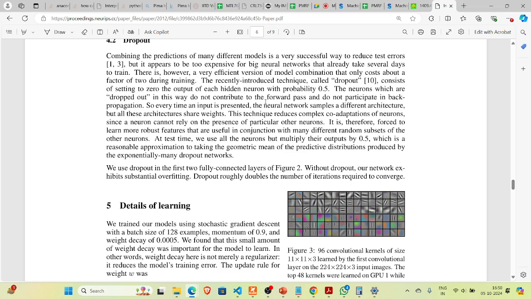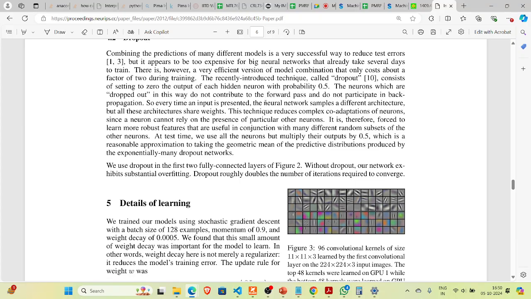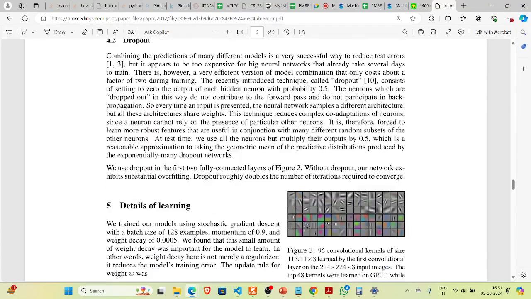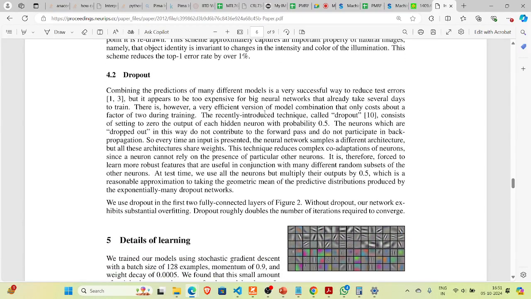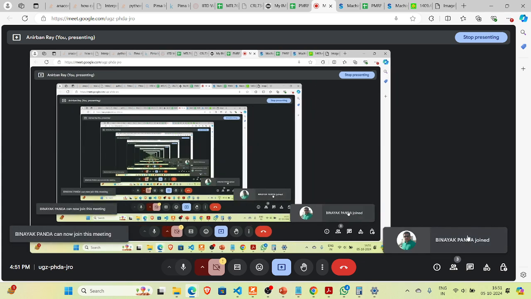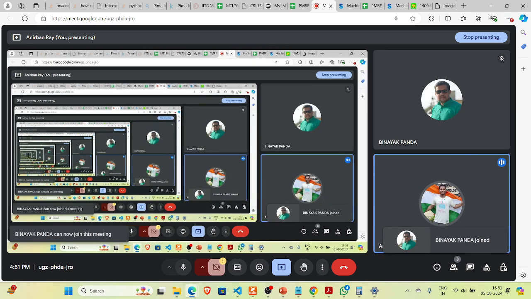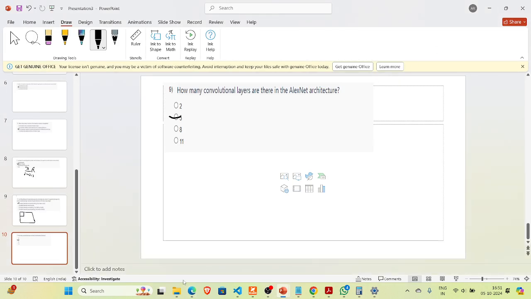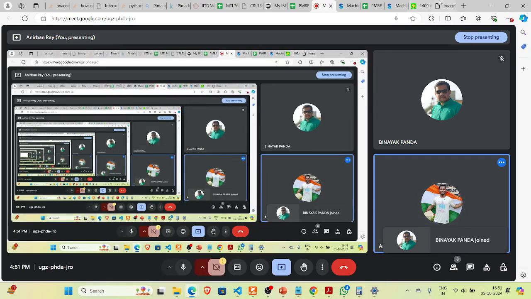It does not overfit the features, resulting in better classification.